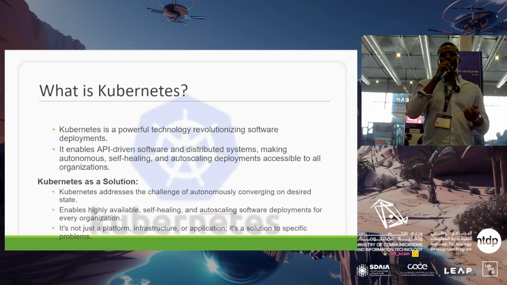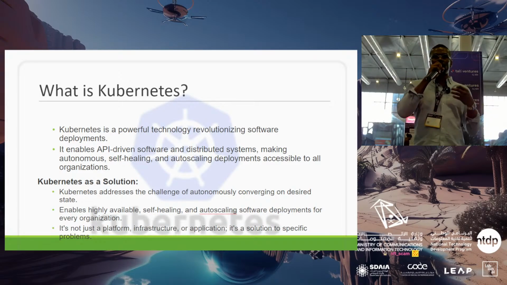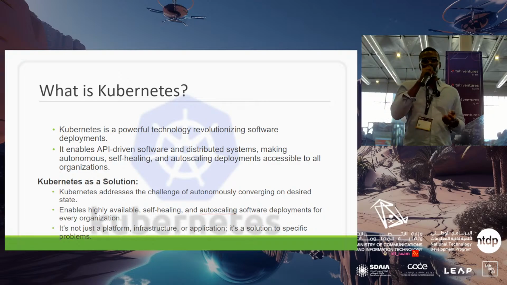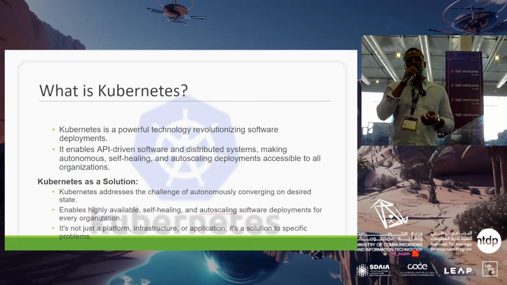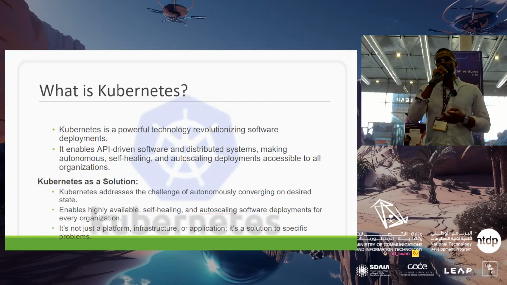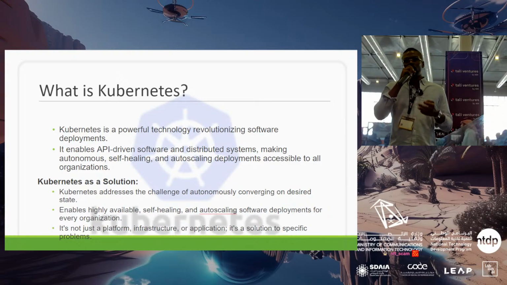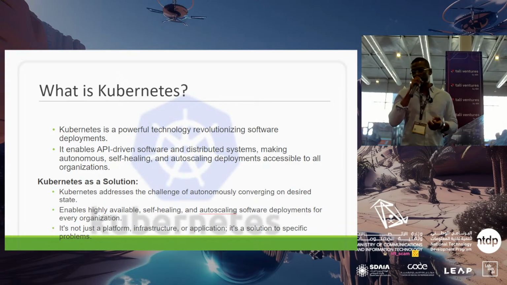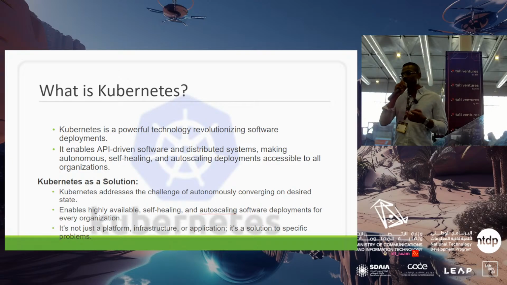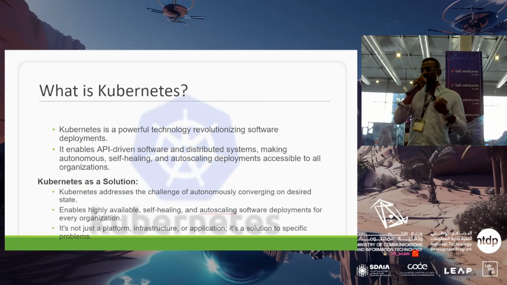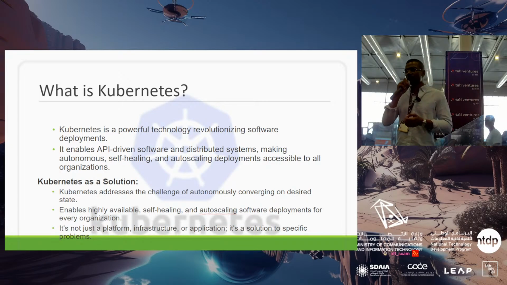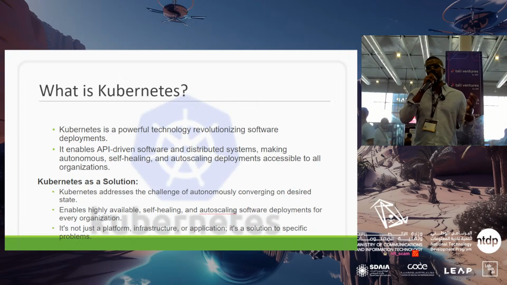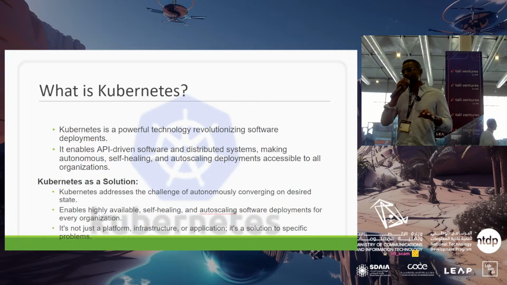So if you deploy NVIDIA H100s, V100s, A100s, like ChatGPT was trained on over 1,024 V100s. It was deployed and trained using Kubernetes to control the infrastructure, right? So Kubernetes enables API-driven software and distribution, making automation, self-healing, and scaling your application basically automatic, right?